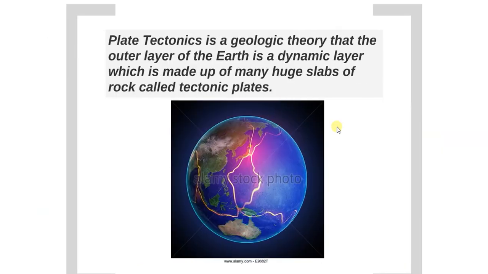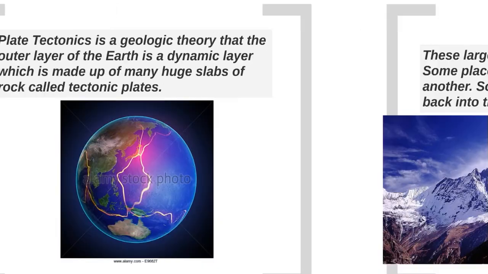So plate tectonics is a geological theory that the outer layer of the Earth is a dynamic layer, which means it moves and changes its shape over time. It is made up of many huge slabs of rock called tectonic plates. Here you see a tectonic plate, and somewhere around here is a very deep part of the ocean called the Mariana Trench, but we'll talk about that in a bit.